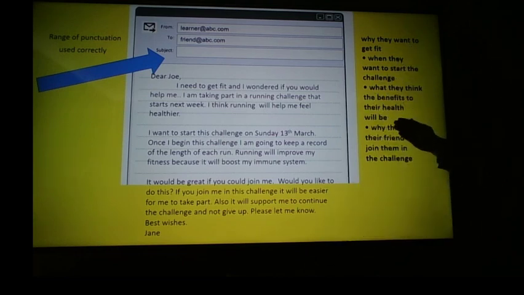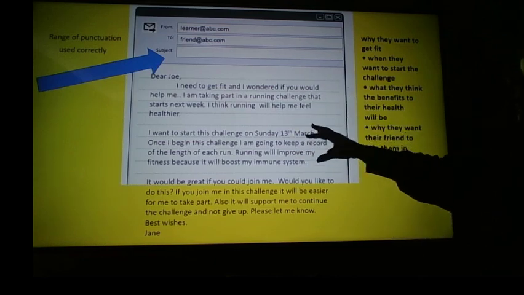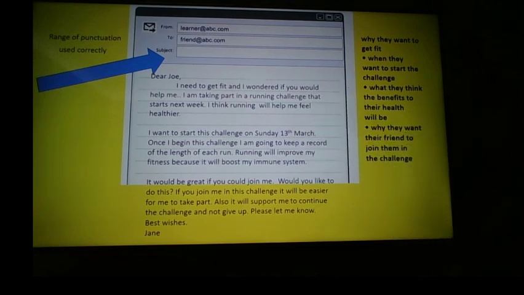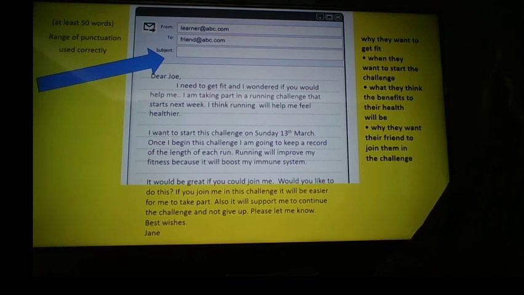Now here it shows you the bullet points, and when you read the email, you're working out, have I answered that one? Have I answered that one? Have I answered this? And have I answered that one? And at least 50 words. So people often ask me, how long does it have to be?